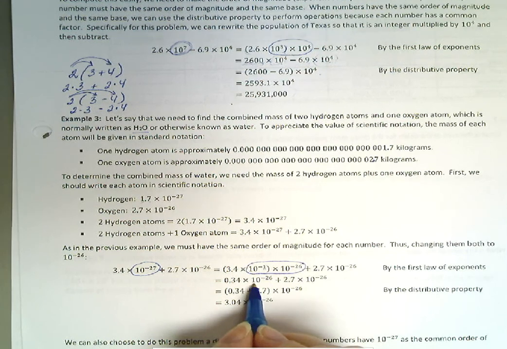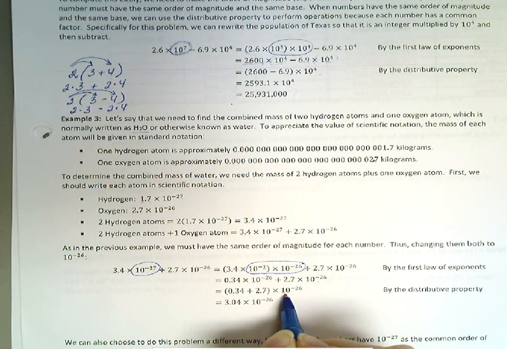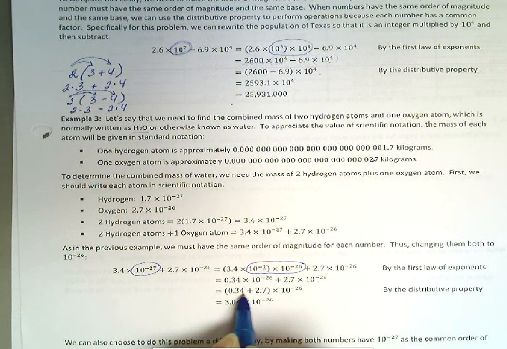So now I have 10 to the negative 26th and 10 to the negative 26th that I can put outside my parenthesis and combine the two leftover numbers. So 34 hundredths plus 2 and 7 tenths is going to be 3 and 4 hundredths times 10 to the negative 26th power. Okay, so that will be the combined mass of 1 atom of water.